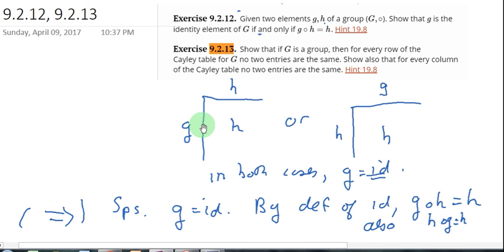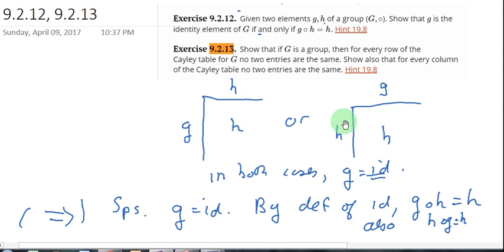Now the number of entries in the row is equal to the number of group elements. Why is that? Because you have the group elements listed across the top. And there has to be a group element in the table for every column in the Cayley table. So that means that every row of a Cayley table must have all the different group elements.